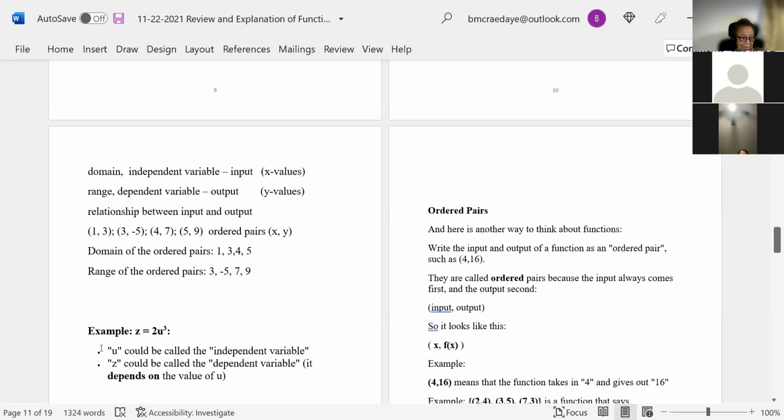And here's an example. Z equals 2u to the third. The output, that's Z, is the dependent variable. It depends on this input value of u. So u is the independent variable and Z is the dependent variable.